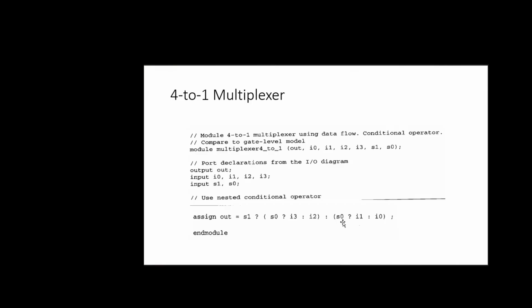If S0 equals 0, then I0 will be assigned to out. So S1 is 0 for both combinations, but if S0 is 1, the combination is 0 1 and I1 will be the output. If S1 is 0 and S0 is also 0, then I0 will be assigned to out. In this way, this simple program is written for a 4 by 1 mux. It started with module and we end the module.